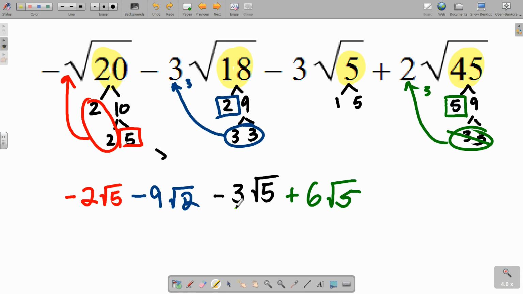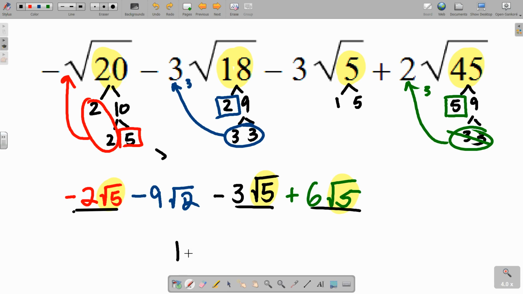Now that your radicals are all down to primes, you want to collect like radicals. So I have a root 5, root 5, root 5. I'm going to collect. It's negative 2 minus 3. That's minus 5 plus 6.